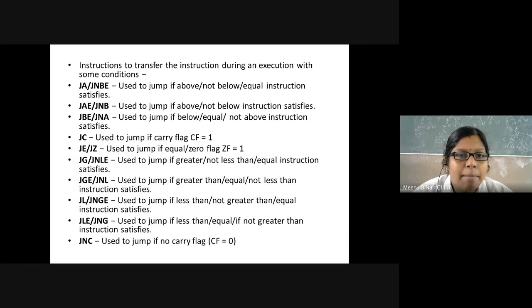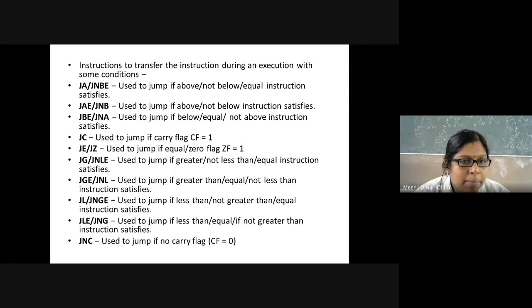So JA, JNBE. What is JA? Jump if above, or not below or equal, when the condition is satisfied. Jump above and jump not below or equal are based on the equal condition being satisfied.